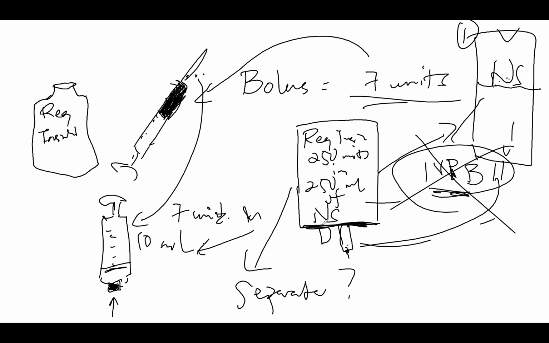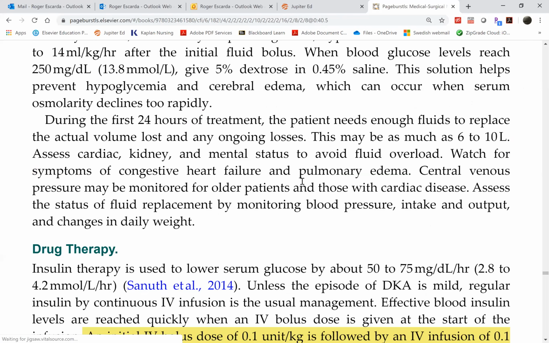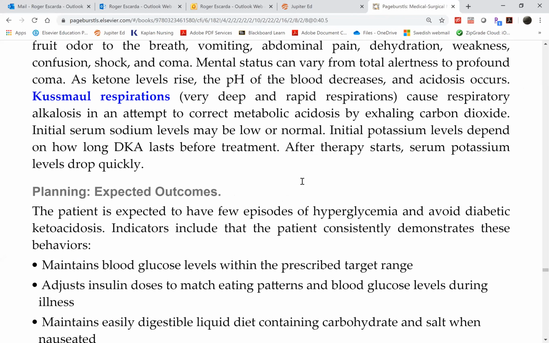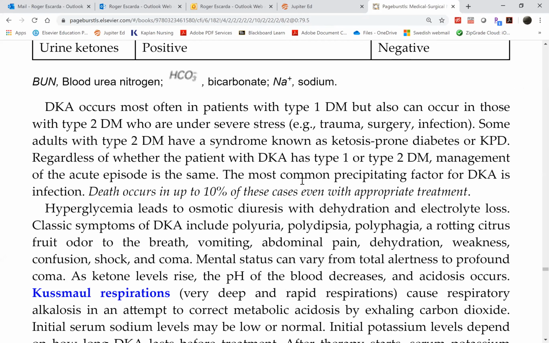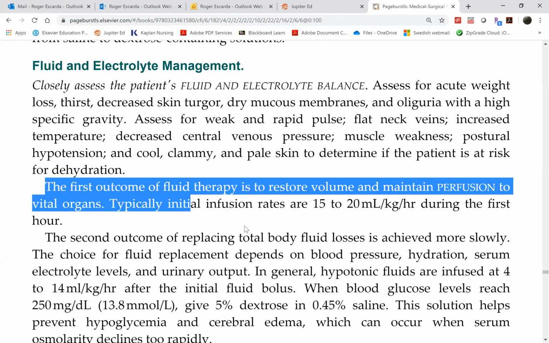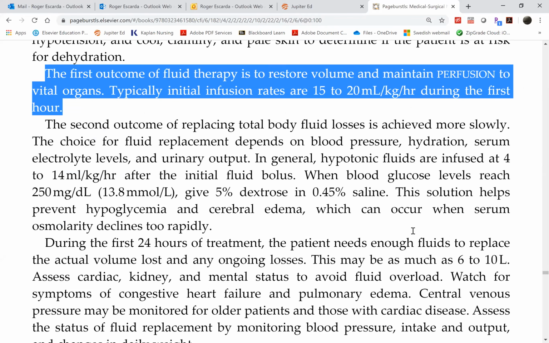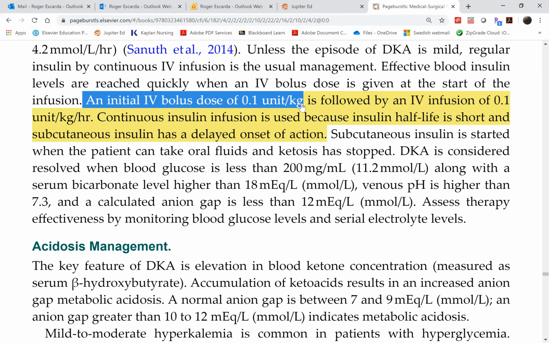It has to run on a separate pump. Therefore the patient will still be receiving this fluid right here because we're still in the first hour, and while that's running, you have to take care of the insulin. So first push that bolus.